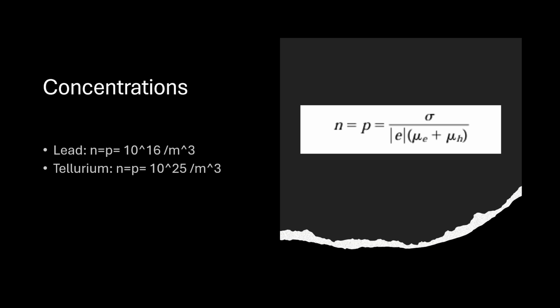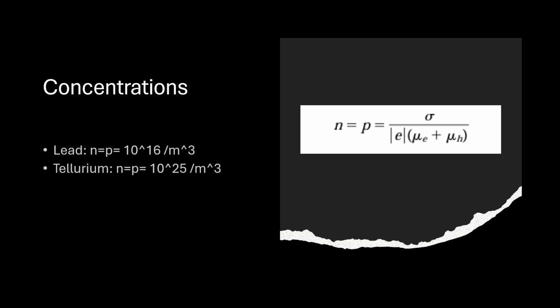Next, we will find the concentrations for our semiconductors. As you can see on the right here is a formula for the concentrations inside our semiconductors. It's in terms of sigma, which is our conductivity.